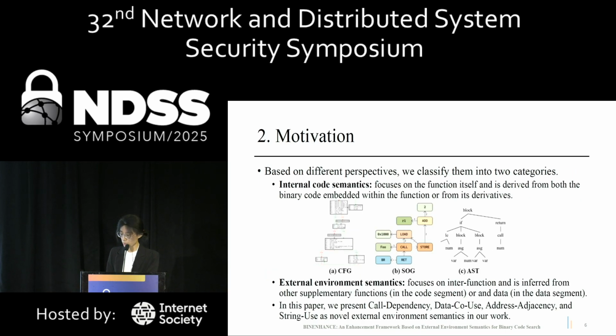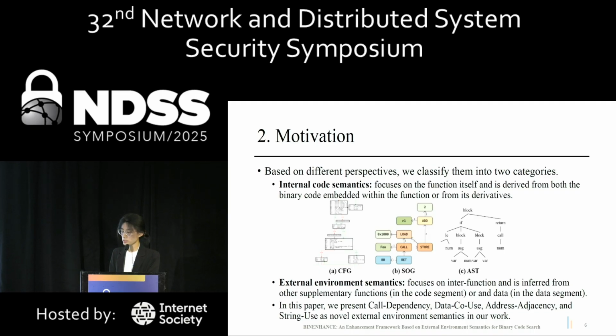Second part is our motivation. Based on different perspectives, we classify them into 2 categories as in the following figure. Internal code semantics focus on the function itself and is derived from the binary code embedded within the function or from its derivatives.